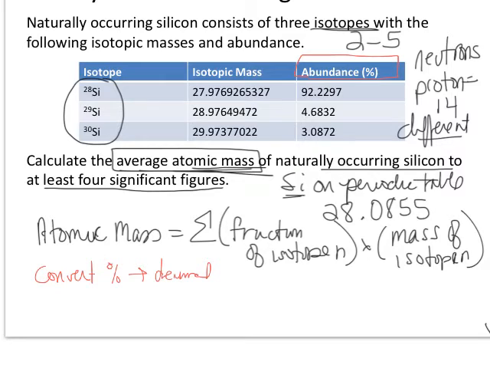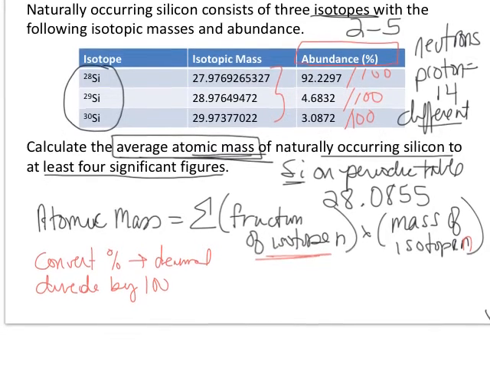To do that, you divide by 100. So this number will be divided by 100, this number will be divided by 100, for the fraction of isotope N. N is, in this case, silicon-28, silicon-29, and silicon-30. The mass of isotope N, you just basically put that number in the calculation.